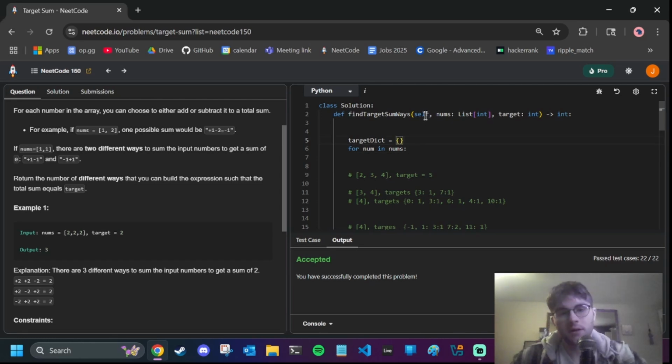Well, I guess we need to have something in here. So maybe we can start from the second num, from 1 until length of nums. And this will be nums of 0, 1, and negative nums.